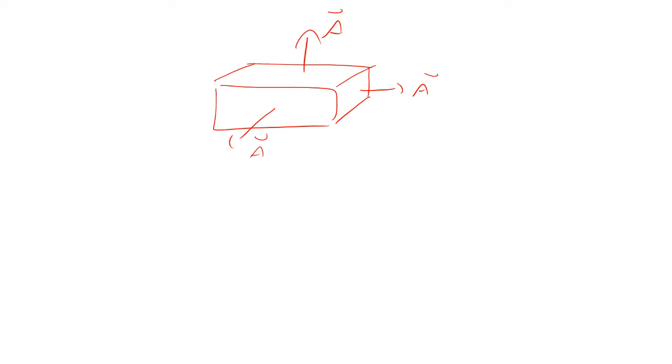Now, if it's a three-dimensional surface, then the area vector always points outwards. So that's our definition: area vector points outwards from a surface. Otherwise, it's a little more difficult to figure out how we define it if it's just a two-dimensional surface. But this is how we get the flux. So the flux, as I said, is going to be E dot A.